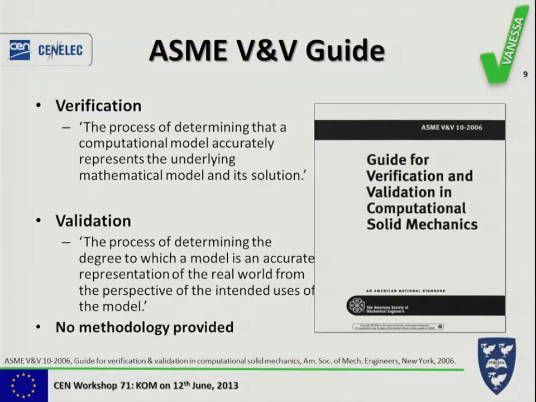And they define validation as the process of determining the degree to which a model is an accurate representation of the real world from the perspective of the intended uses of the model. But unfortunately, they don't provide any methodology for establishing either verification or validation of a computational solid mechanics model.